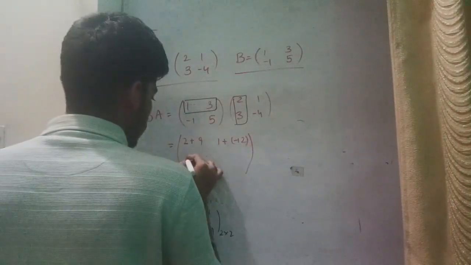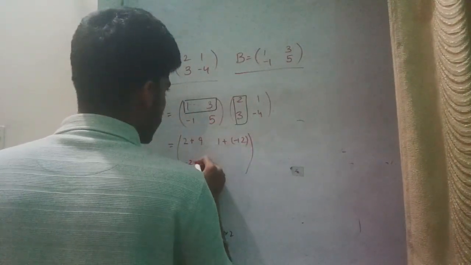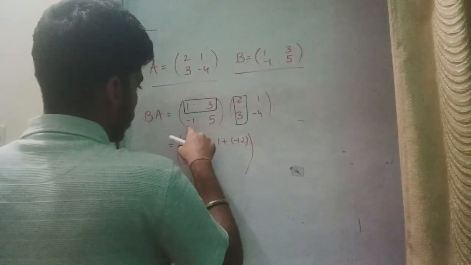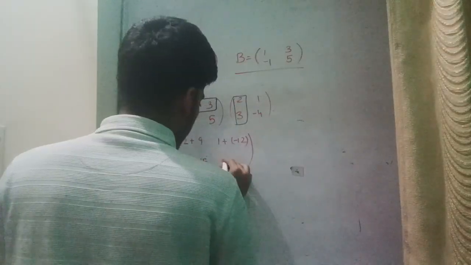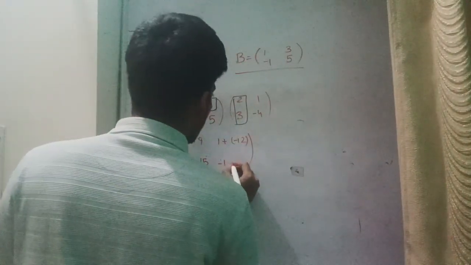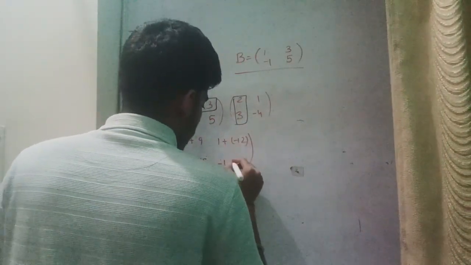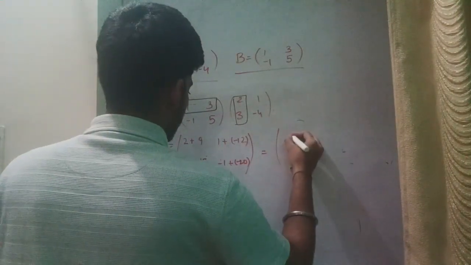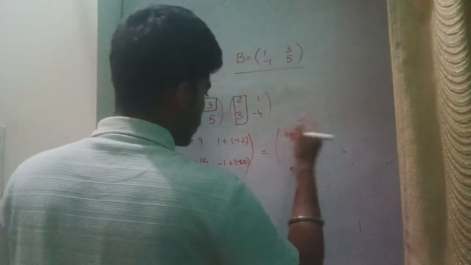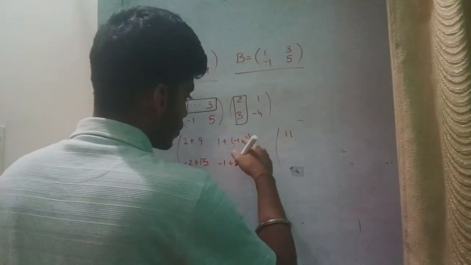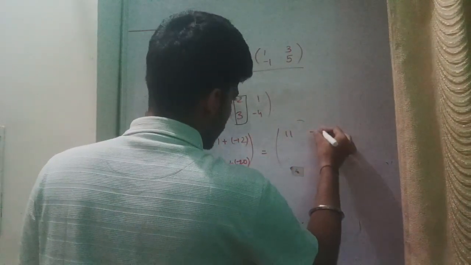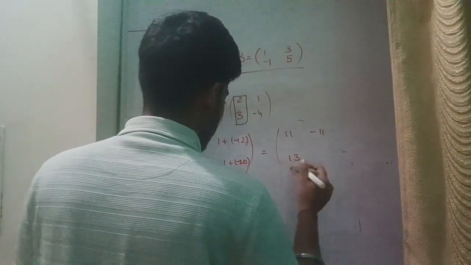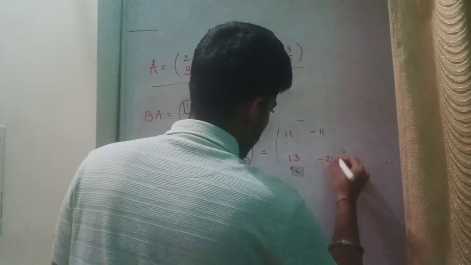Similarly, minus 1 times 2 is minus 2 plus 5 times 3, which is 15, and now minus 1 times 1, which is minus 1, and 5 times minus 4, which is plus minus 20. So this is 2 plus 9 is 11, plus 1, plus minus 12, which is minus 11, minus 2 plus 15, which is 13, and minus 1 plus minus 20 is minus 21.